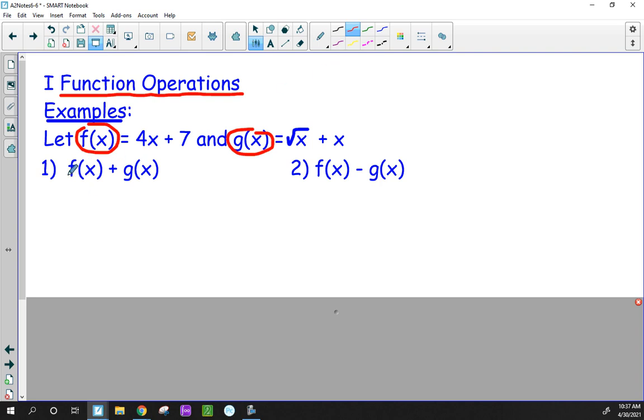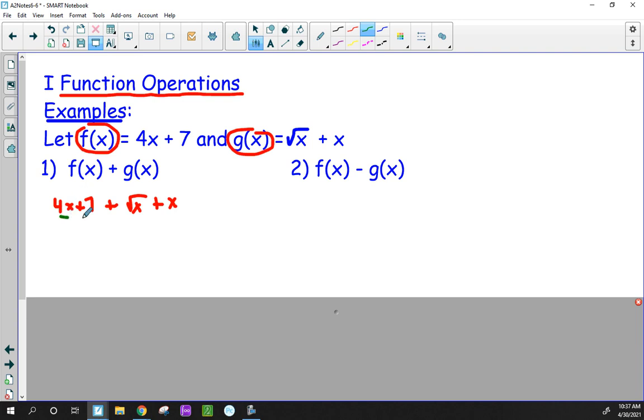Following the letters, f comes first, you would write that down as 4x plus 7. You would then drop your add sign, bring down your g function, which is the square root of x, and then plus x. You have 4 terms right now on this line. You're going to look for like terms, just like you would in any other addition problem, and put them together.